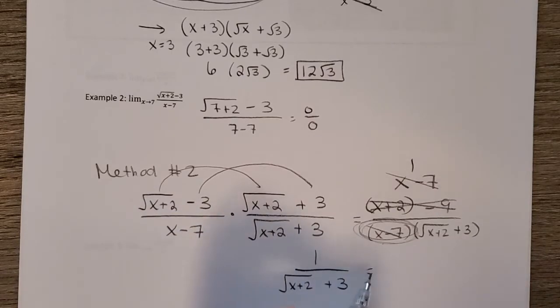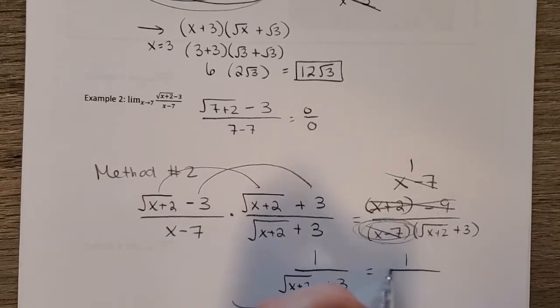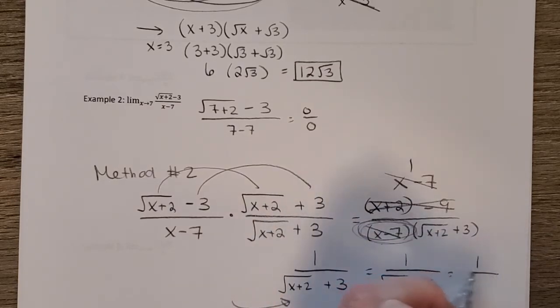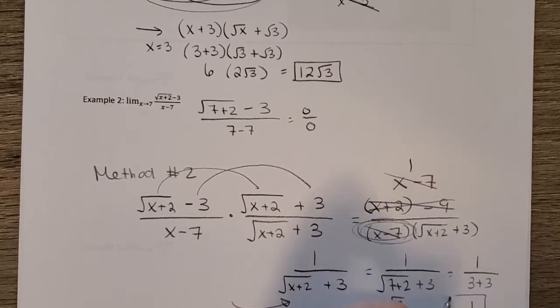Then we substitute x equals 7. So we have 1 over the square root of 7 plus 2, plus 3, which would be 1 over the square root of 9, which is 3, plus 3, so 1 over 6.